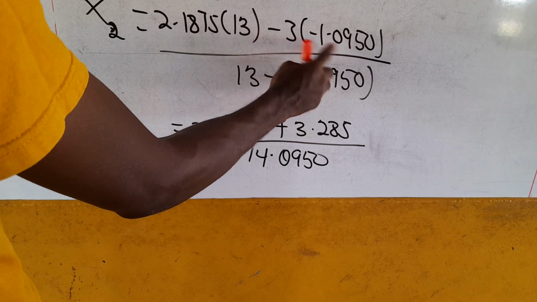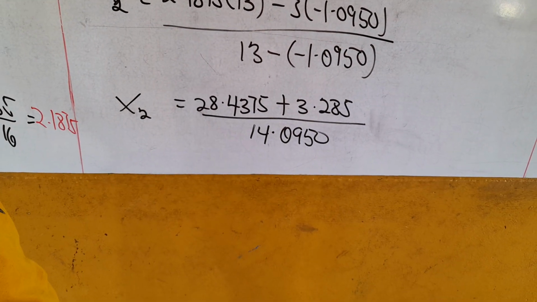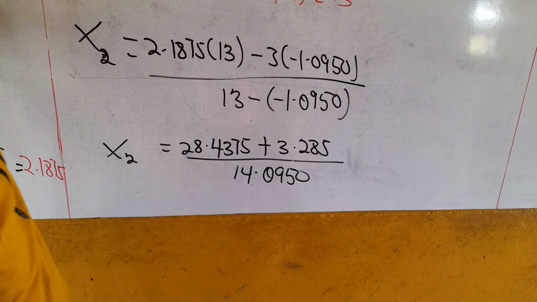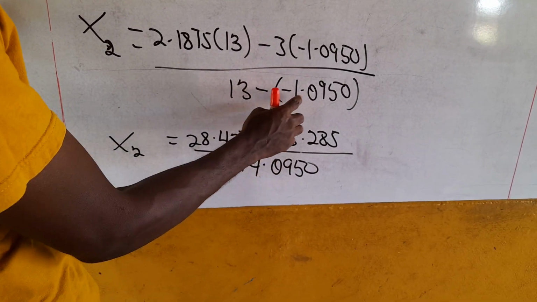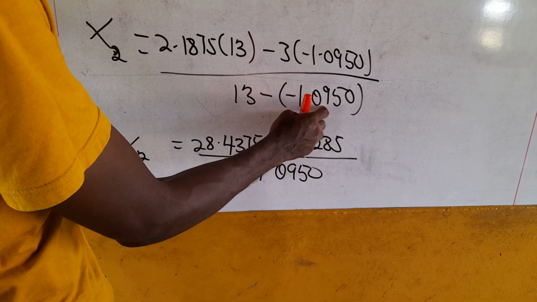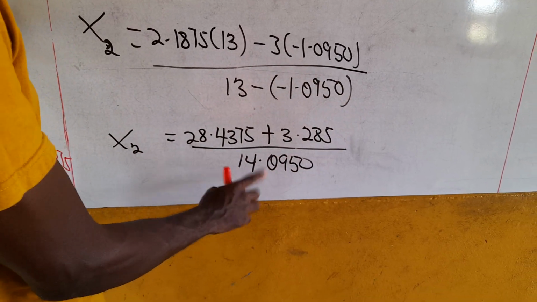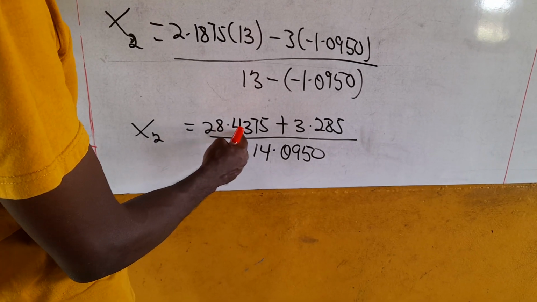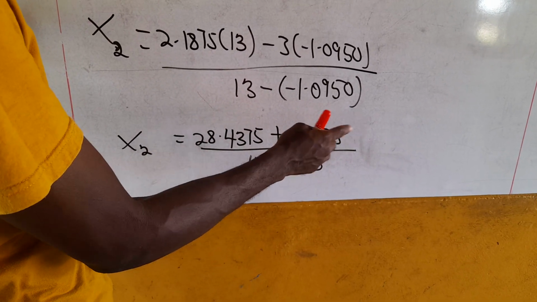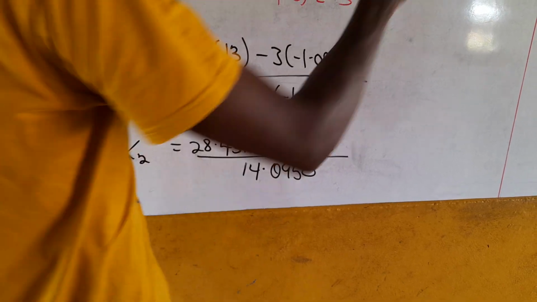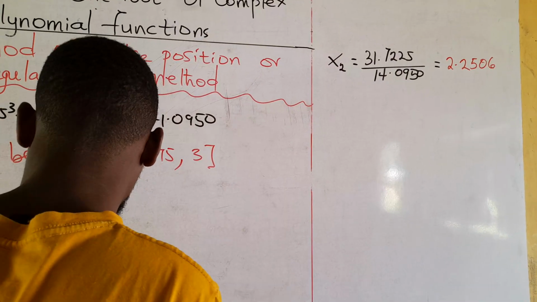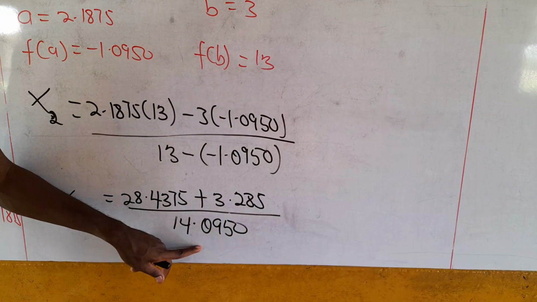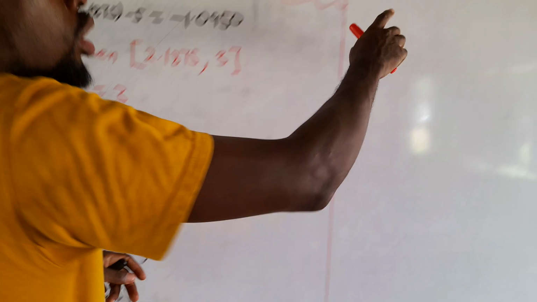And when negative 3 multiplies negative 1.0950, we get plus 3.285. The denominator is 13 plus 1.0950, and that will be 14.0950. When we add 28.4375 to 3.285, we get 31.7225, divided by 14.0950.